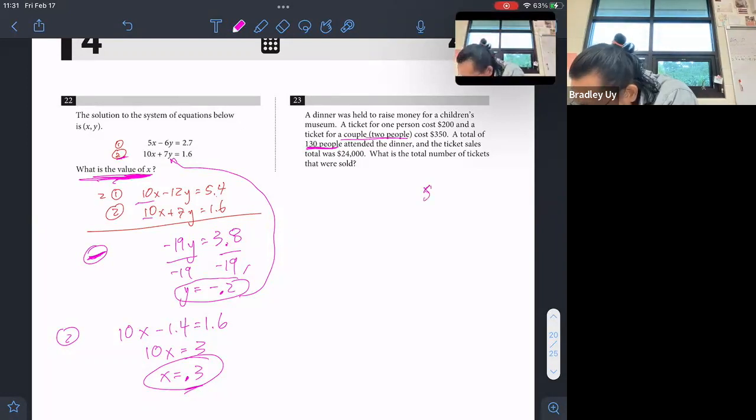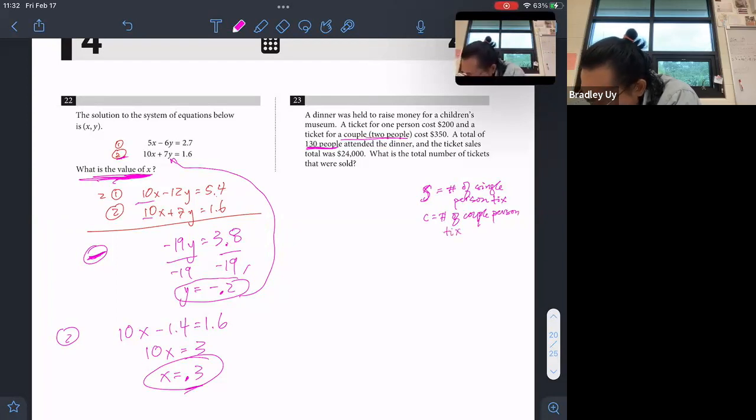Let's use s. S is the number of single person tickets sold. C is the number of couple person tickets sold, okay?